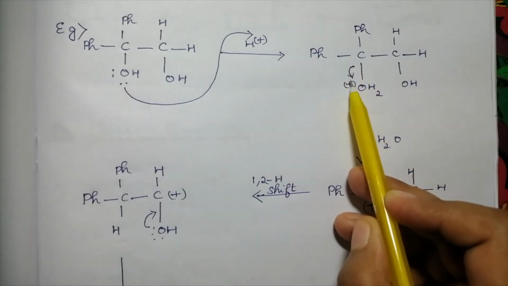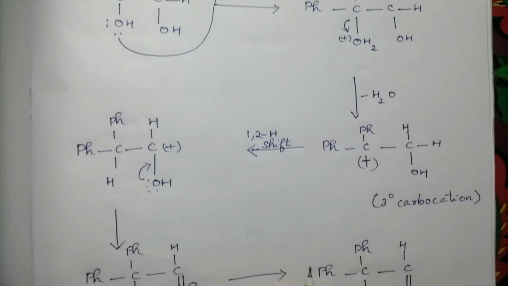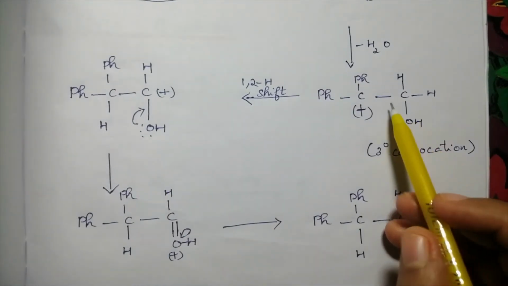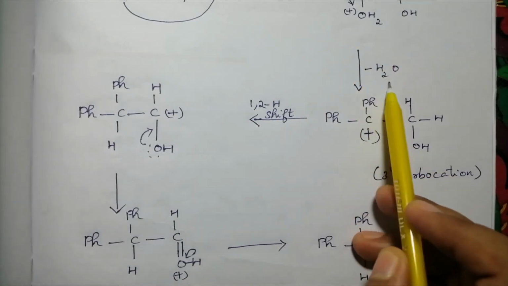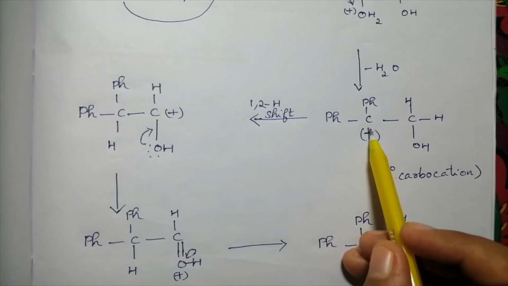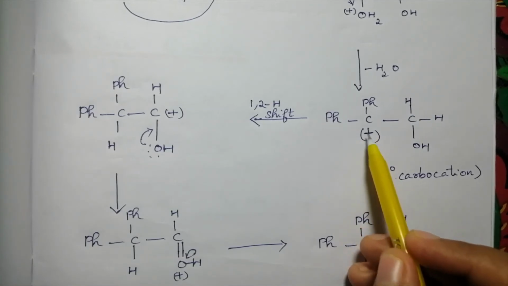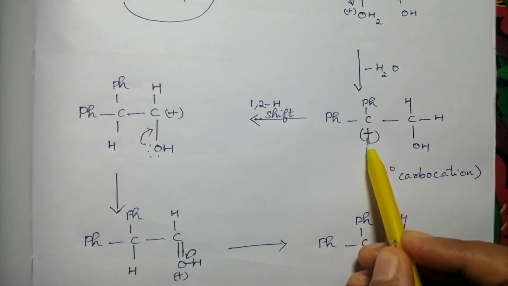The electrons would be taken up by oxygen, and as a result water would leave from the system. Because that OH2 group has moved out, a positive charge is formed on this carbon. The C-O bond is broken and a positive charge is formed here.